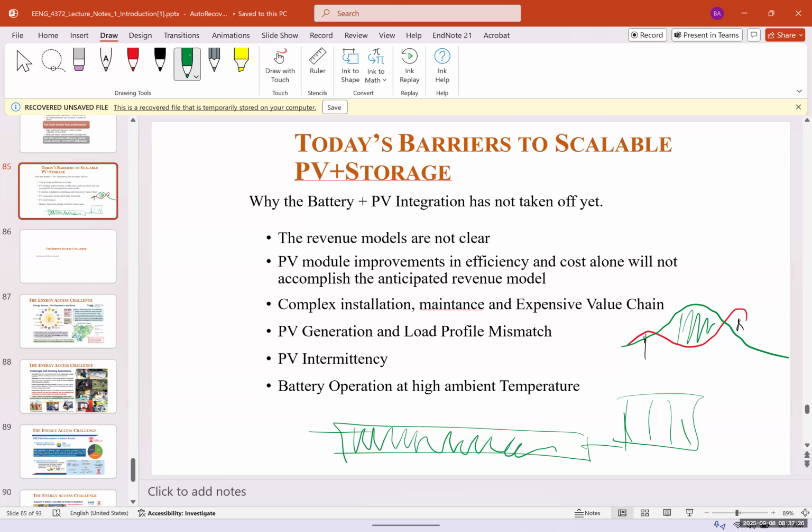So it has an active cooling system, and it has a very sophisticated BMS. BMS is a battery management system, which controls the flow of the charge and discharge. It doesn't allow the battery to charge very fast or discharge very fast, and usually it doesn't allow the battery to completely deplete. If you completely deplete the battery, it's going to damage the battery.